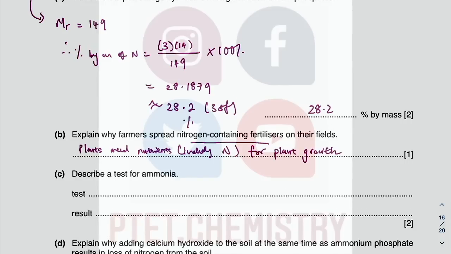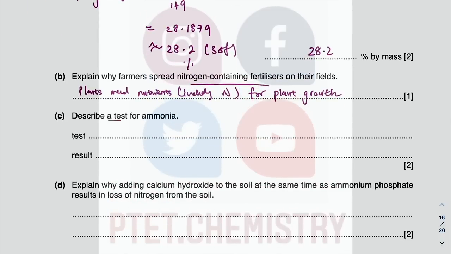Yeah, okay. So this is a standard test for ammonia. So how do you test for ammonia? You pass the gas through damp, referred to as moist or wet, red litmus paper. Okay, it's got to contain a little bit of water.